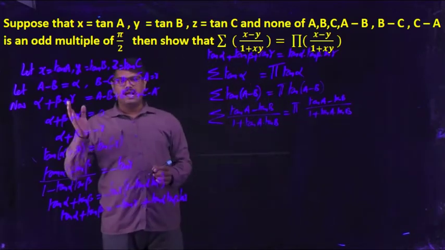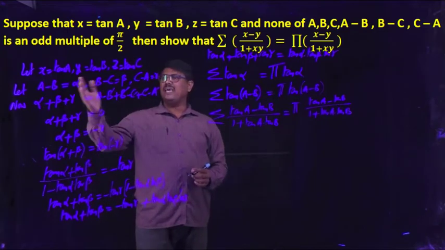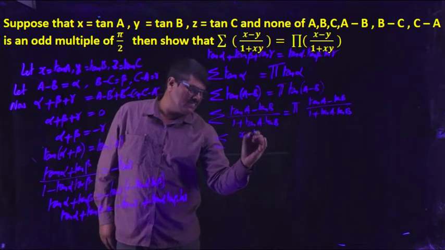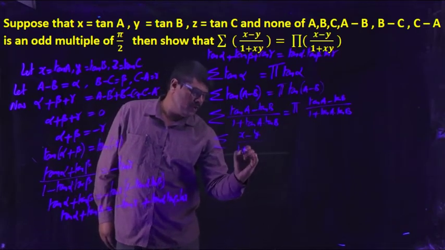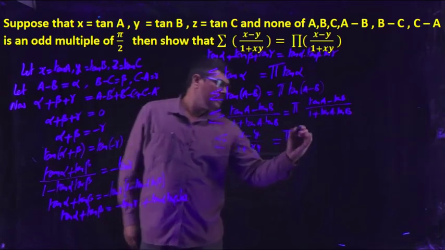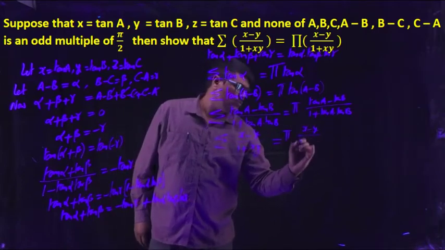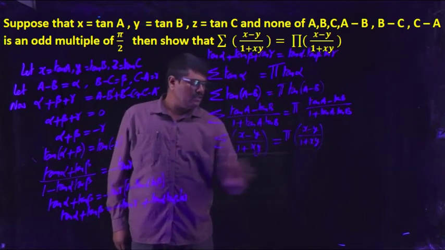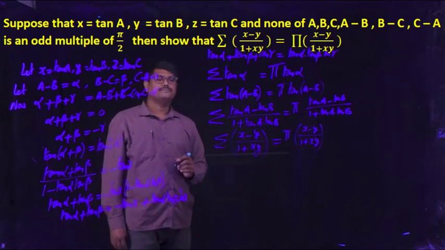Now, we have the values of tan a, tan b, tan c as x, y, z. So, again replace tan a with x, tan b with y. Sigma x minus y by 1 plus xy is equal to product x minus y by 1 plus xy. This is the answer we need to get.